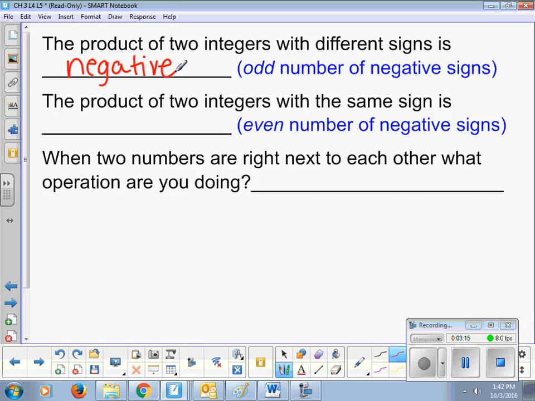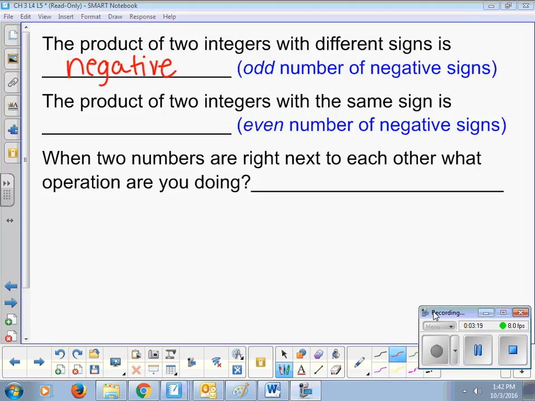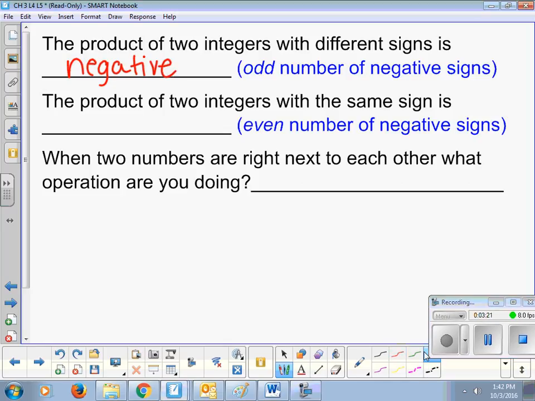The product of two integers with the same sign is going to be positive. So if you have an even number of negative signs, your answer is going to be positive. When you see two numbers right next to each other, what operation are we doing? If we had 7 and 5 next to each other, what would we do with these two numbers? Multiply.